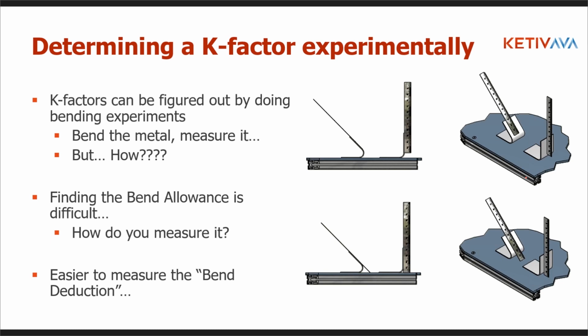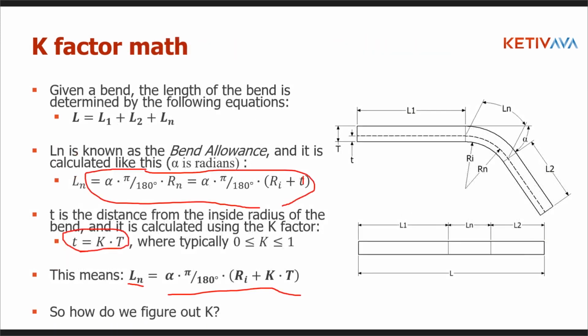Now, K factors are determined experimentally, and in the simplest way, the basic way to do that is you take a part that's flat, you measure it, and then you bend it up to a certain angle with a certain radius, and you measure it again. But the math, let's go back to at least the diagram.